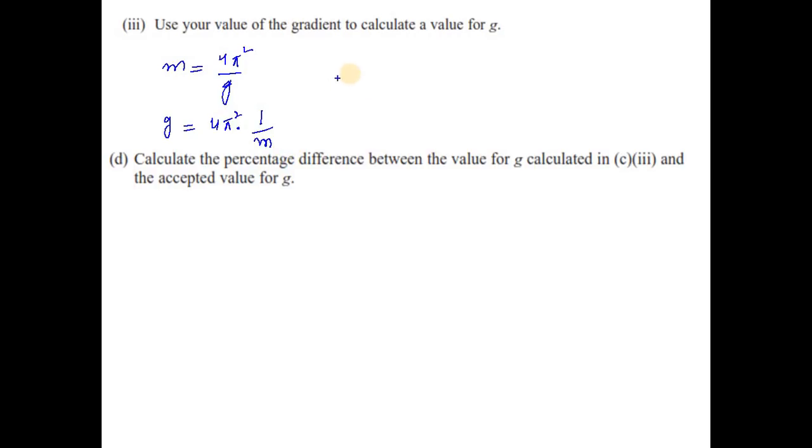So the value of g can be found using 4 into 3.14 square into 1 upon gradient. 1 upon gradient is 1 upon 3.1, which will give you 12.7 meter second minus 2. So this is the value of g calculated from the given data set.